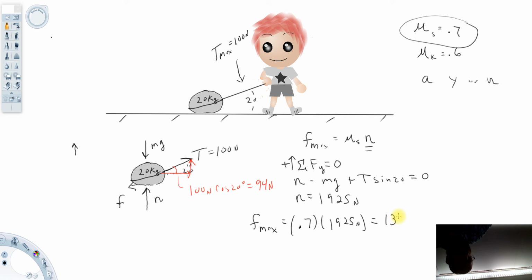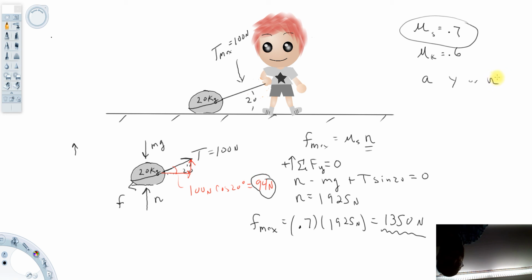I'm just going to call it 1,340. Let's just call it 1,350 actually. That's good enough. So 1,350 newtons is our maximum possible frictional force. Young Timmy can only apply 94 newtons horizontally under these conditions. That rock is not going anywhere.